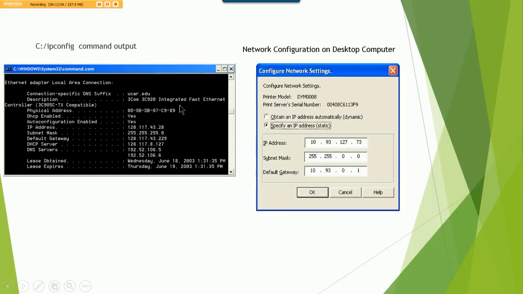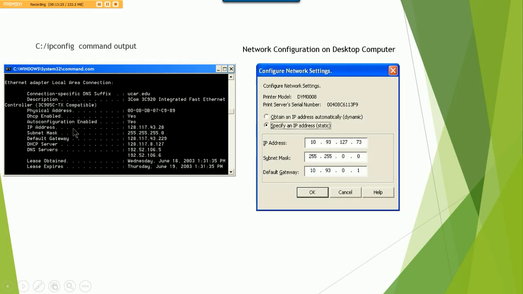In this slide, we are looking at the display of what you would see when you're looking at the IP address configuration on your computer. So this first side here, this is what we get when we type in ipconfig at the command prompt.